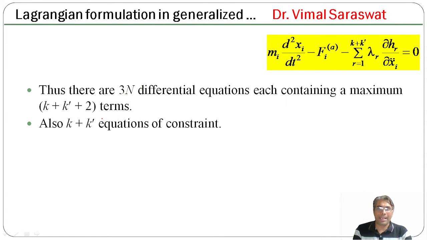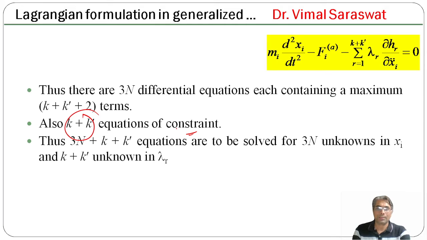Also, there are k plus k dash equations of constraint. Thus, 3n plus k plus k dash equations are to be solved for 3n unknowns in xi and k plus k dash unknowns in lambda r.